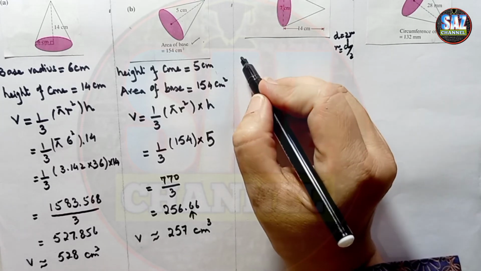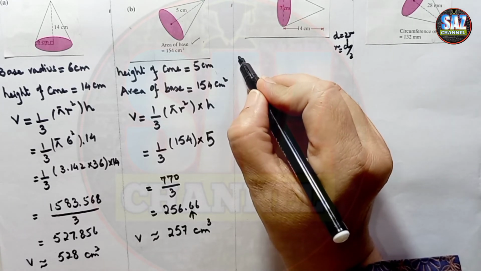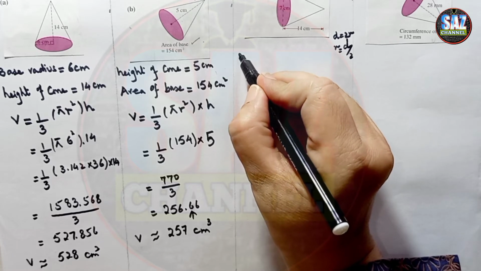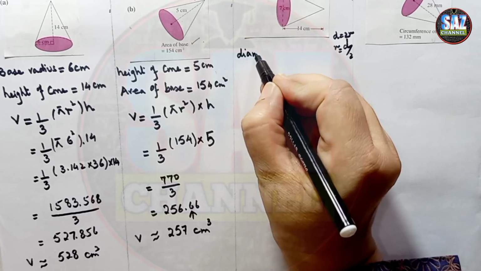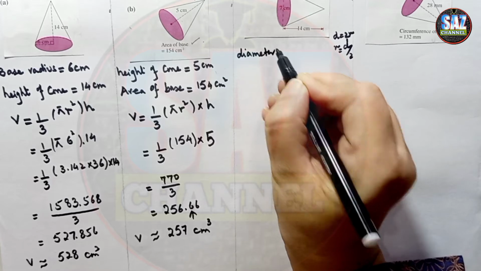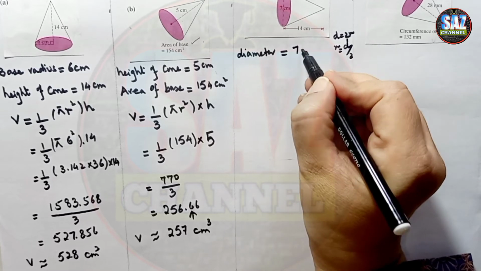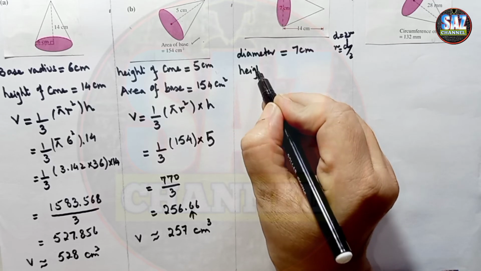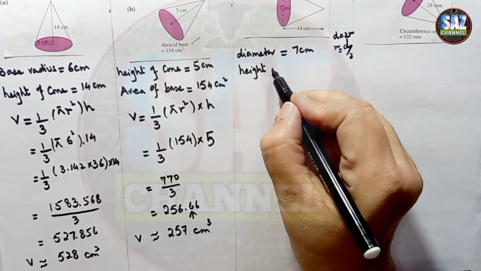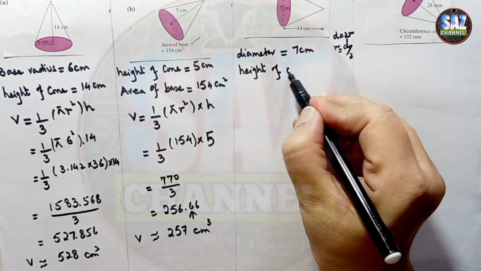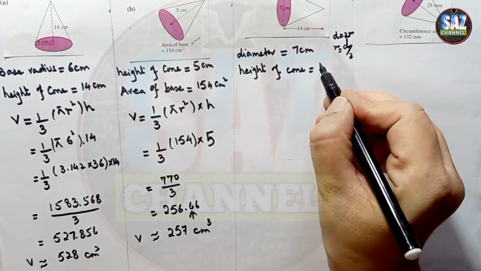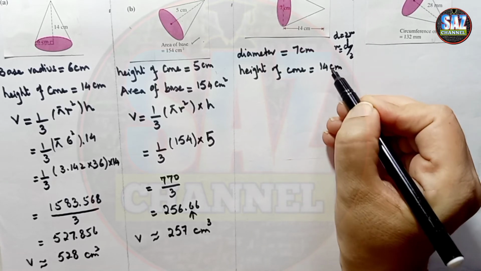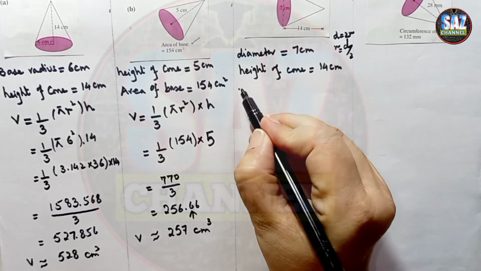So the first statement can be: the given diameter is 7 centimeters, and the height of the cone that is given is 14 centimeters, and we have to find the radius.